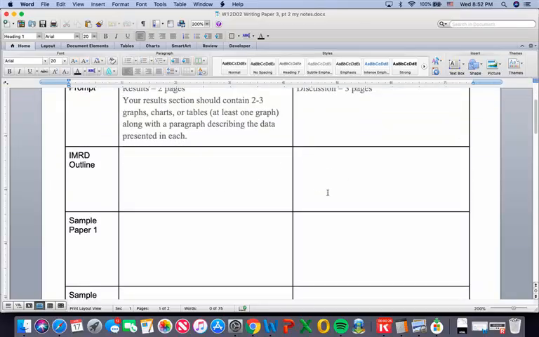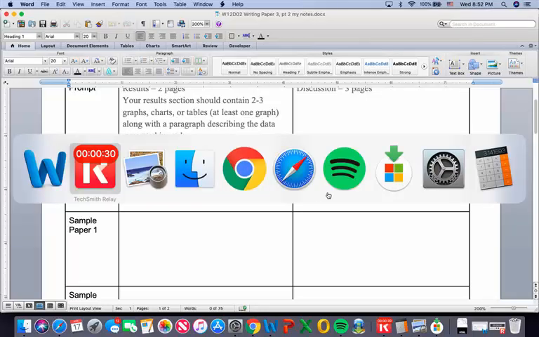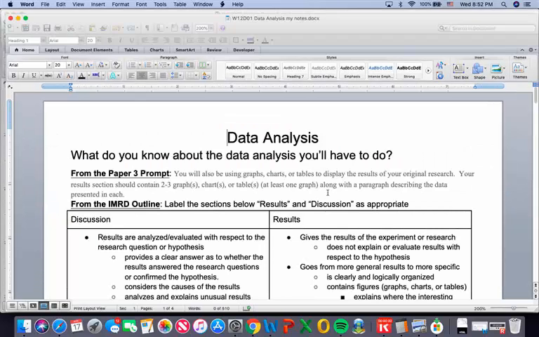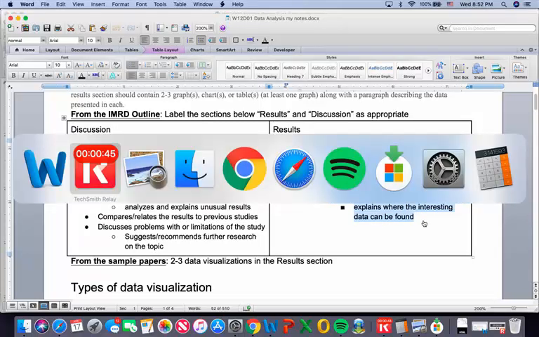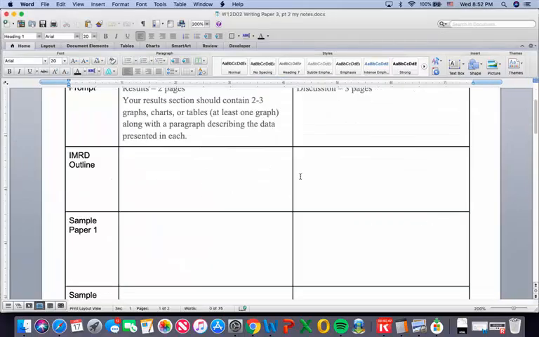And actually, we did an exercise like this on Tuesday when we had to identify which set of steps was discussion and which set of steps was results. So let's copy the results first. Just copy those in there so we can... oops, that's not what I want to do.